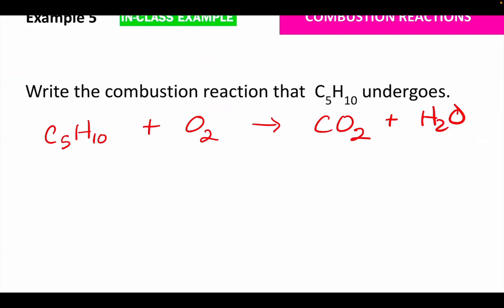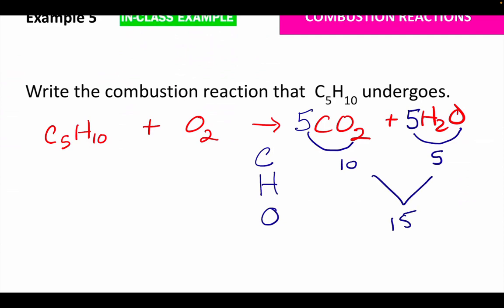So remember how when we balance these, I recommend that you go in this order. So we would have 5 carbons on both sides, 10 hydrogens on both sides, and then I'm ready to count. So I have 10 oxygens and 5 oxygens for a total of 15. And so it's an odd number.